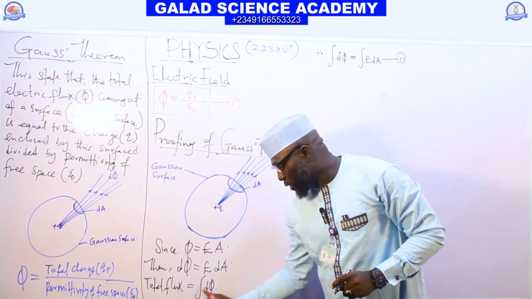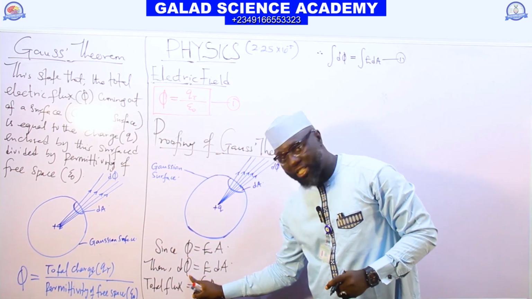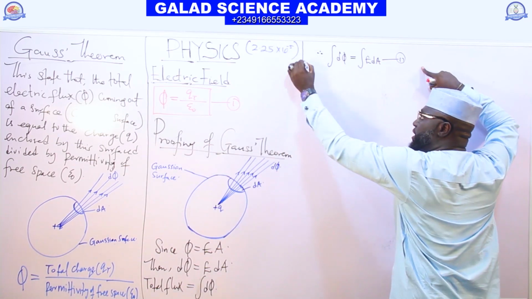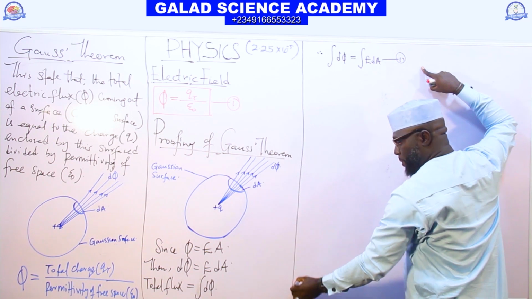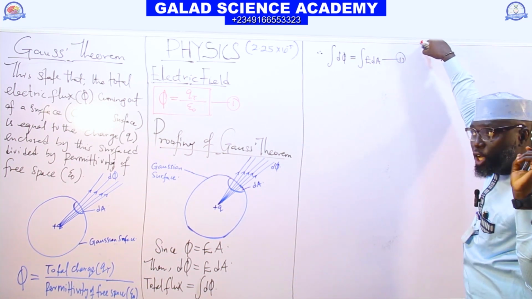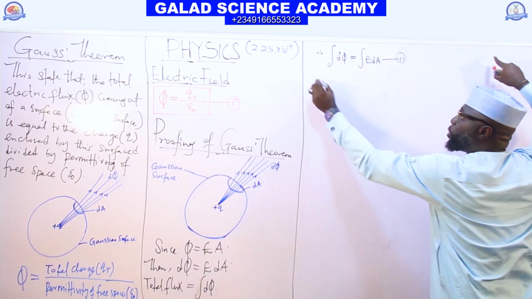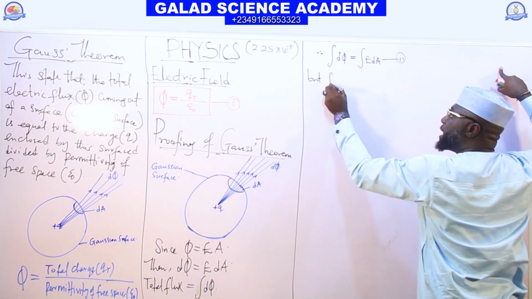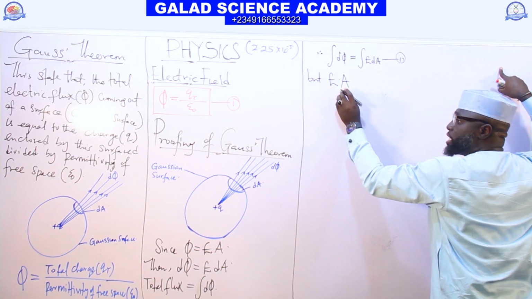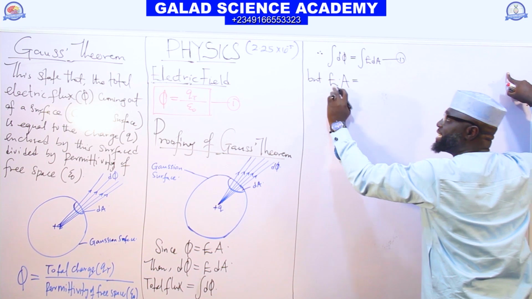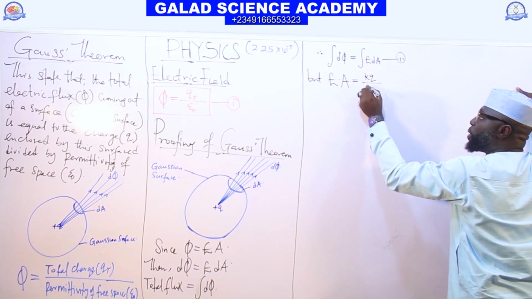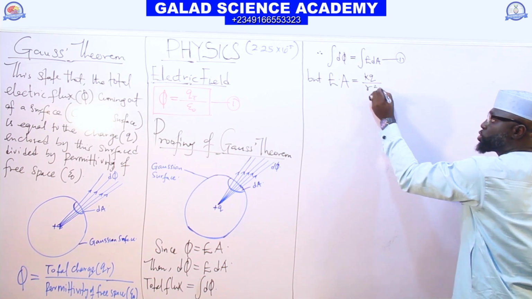Total flux equals integral of the flux. Introduce the integral to this side and the integral to the other side. By doing that, recall again that E A: field intensity is equal to KQ over R square.